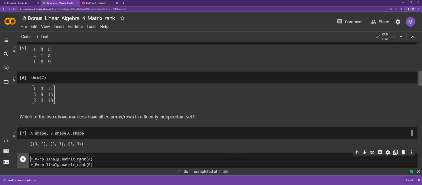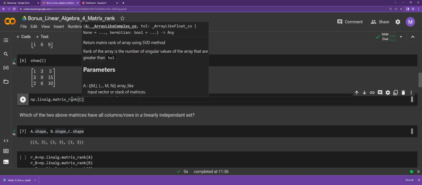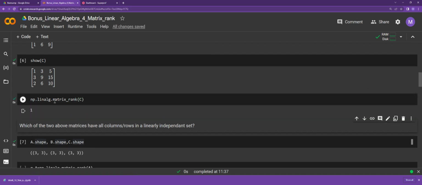Now the function we're going to use is, let's say we want to look at C, np.linalg.matrix_rank. And let's look at C, for example. It has a rank of 1.